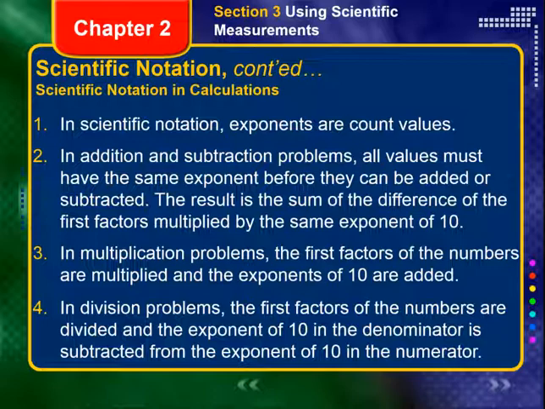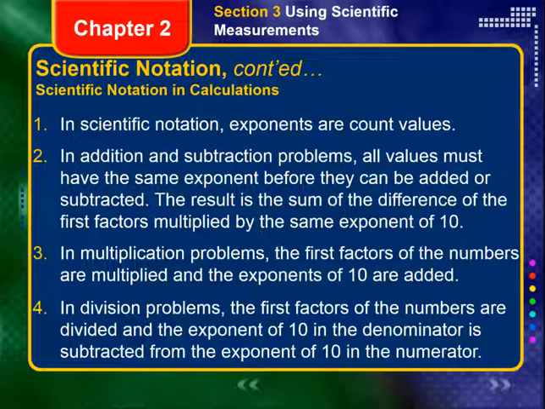Number 2, in addition and subtraction problems, all values must have the same exponent before they can be added or subtracted. You might remember that from, I think it's 6th grade. You have to move the decimal so that that exponent value is the same for all numbers, all values being added or subtracted. The result is the sum or the difference of the first coefficients multiplied by that same exponent of 10.